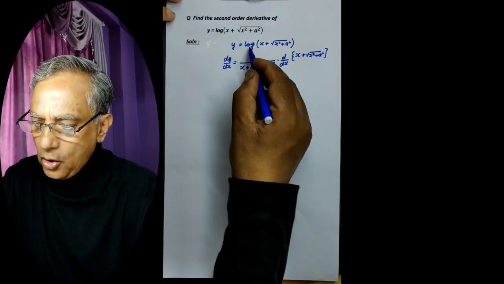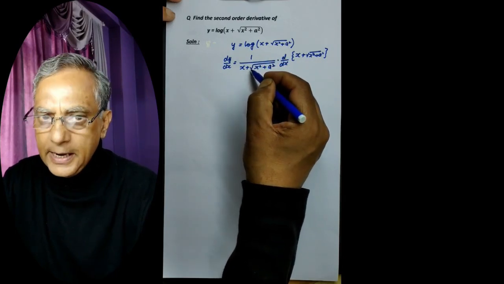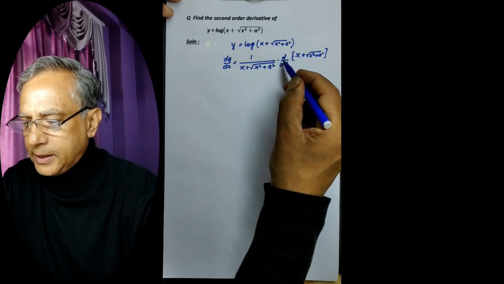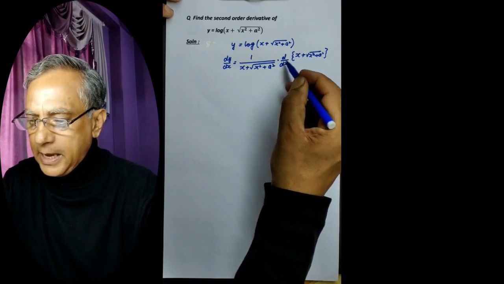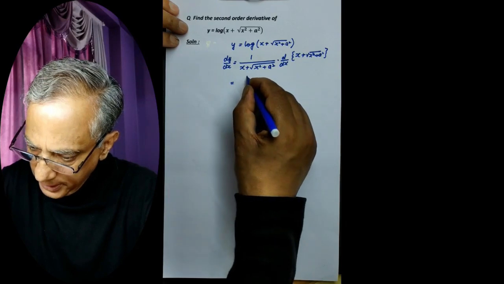This is log of f(x), so the differentiation will be 1 by f(x), and never forget to write the differentiation of the inner function, that is f dash x.